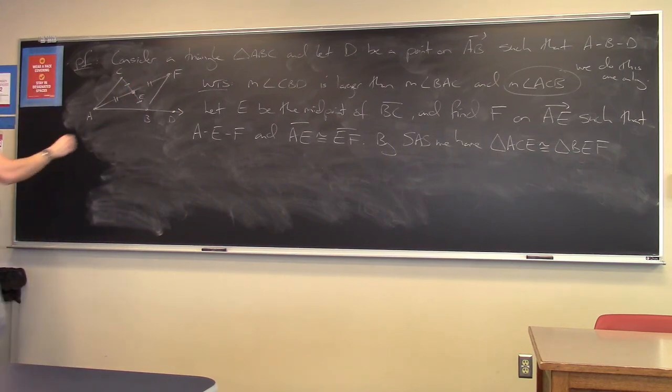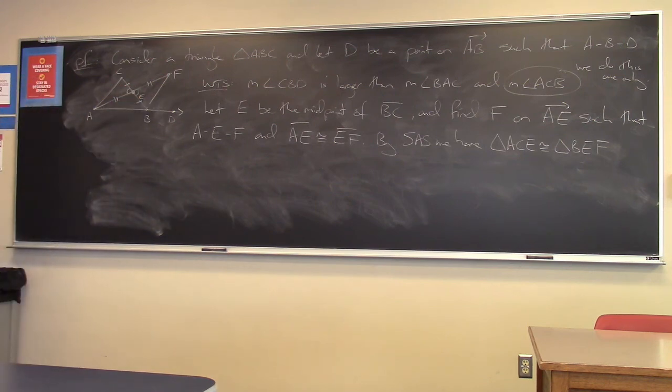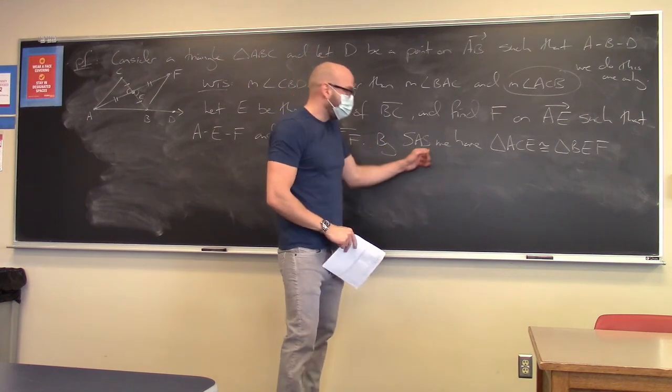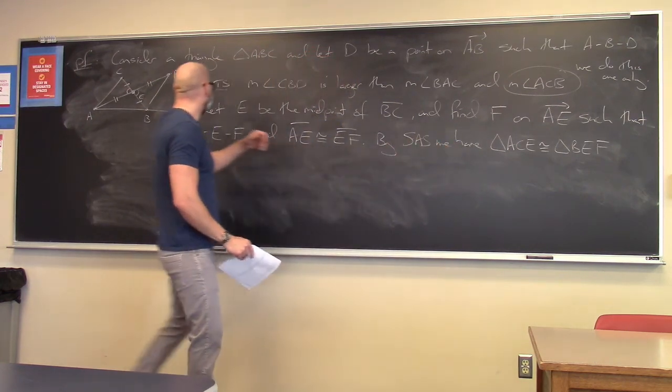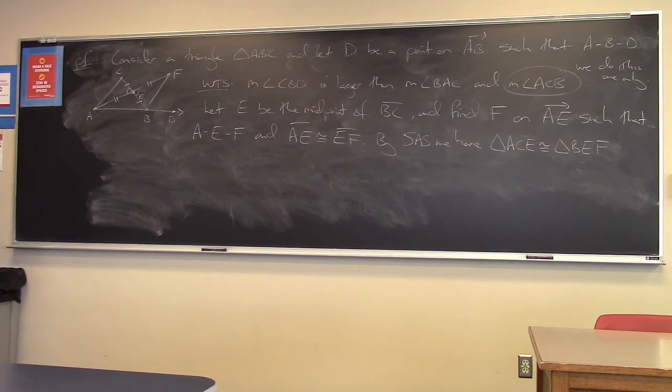And of course, we have two vertical angles here, right? Those two angles are congruent. So it does indeed follow by SAS. I suppose I'm not writing down all the details. Usually I would write, it follows because this is equal to this is equal to this, but it's clear by the picture. By SAS, these are congruent.